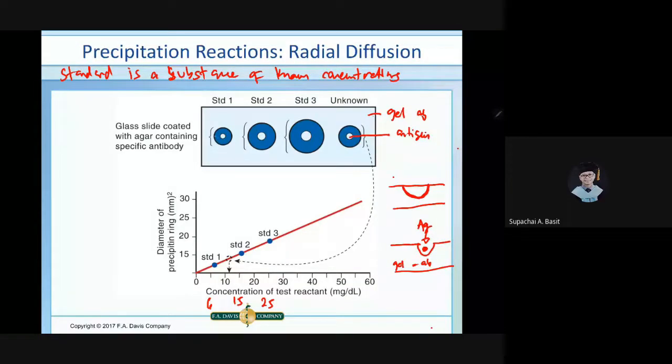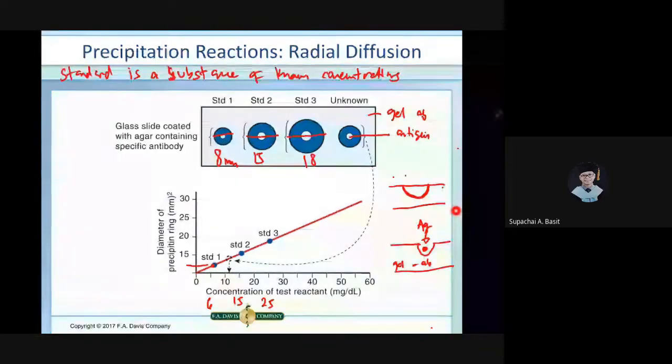So we measure the diameter of the three standards. Say, for example, standard number 1 measures 8 millimeter, so we place it here.